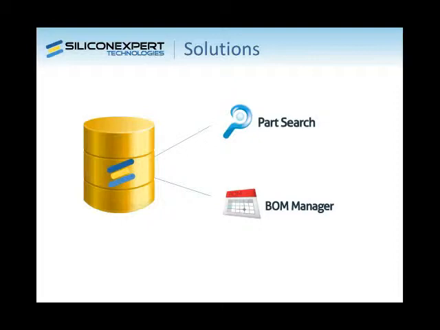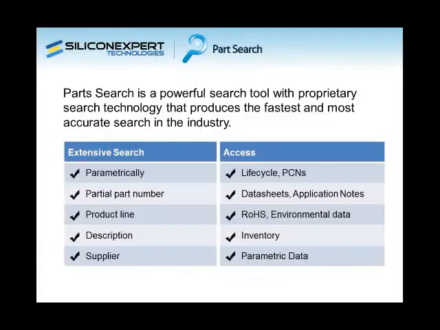Part search allows you to search for one part at a time. BOM manager allows you to upload a spreadsheet and export a spreadsheet with added data. So a whole bill of materials can have all of the material declarations associated with the parts exported, a link to those, that sort of thing. I'll show you a report later on for being able to identify multiple cross-references for multiple parts all at once.